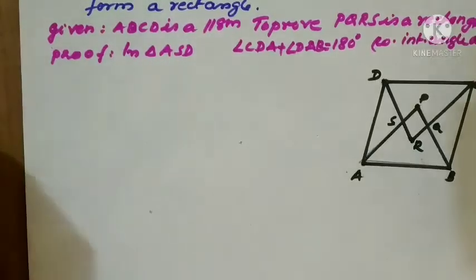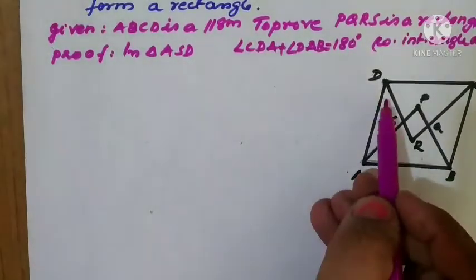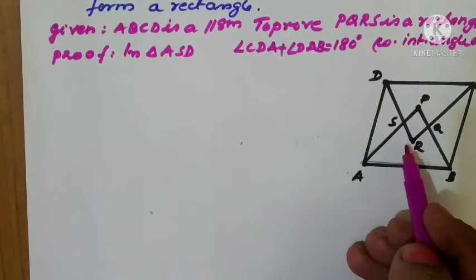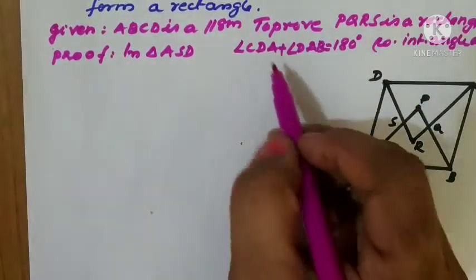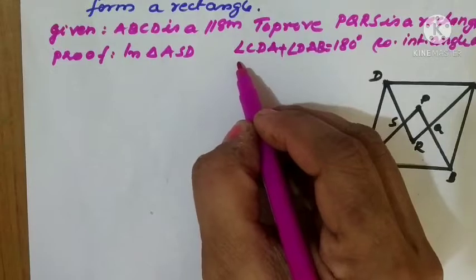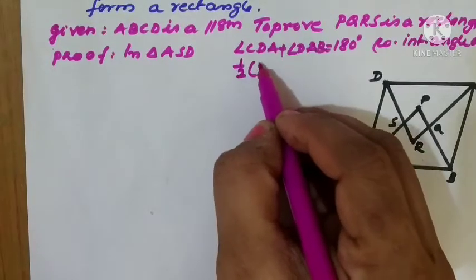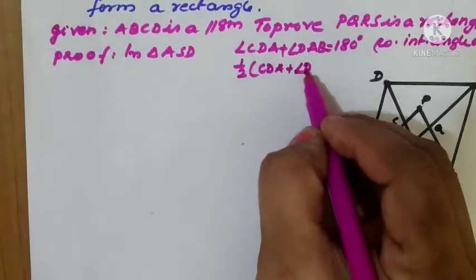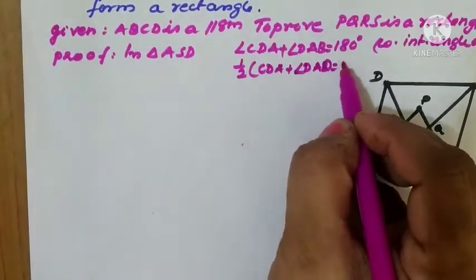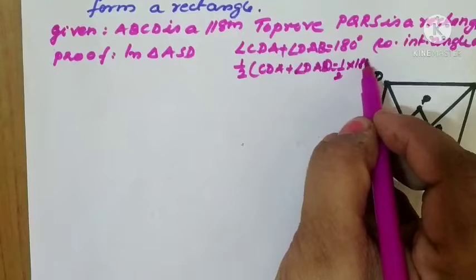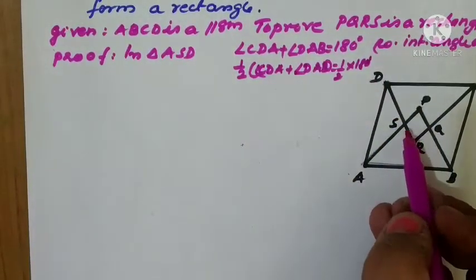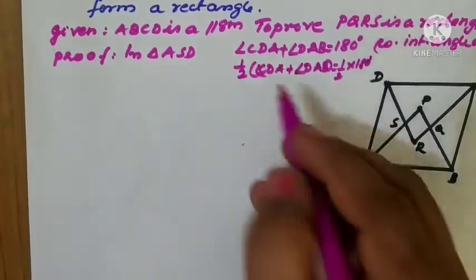So in triangle ASD, it is half of D, and here half of A, because they are bisectors. So we are dividing the equation by half on both the sides. So half into CDA plus DAB equal to half into 180 degree. Half into CDA means SDA will come.